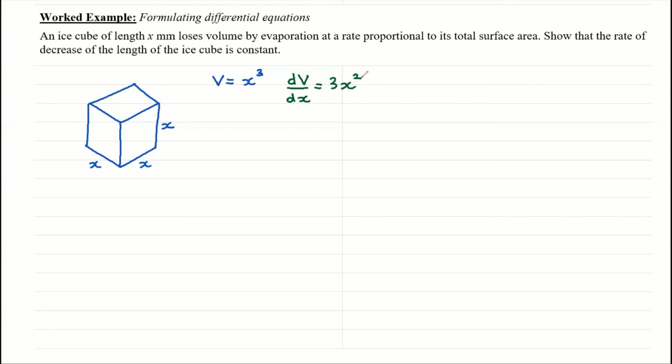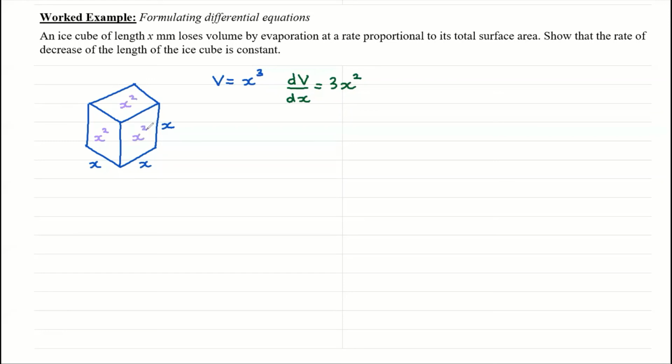Okay, what else do we know? Well, we know about its total surface area. So if we just use the technique from lower school, from secondary school, GCSE, if we figure out the areas of the sides facing and then double it, then we've got the total surface area. So looking at this, this is going to be x squared here. We've got x squared here and x squared here.